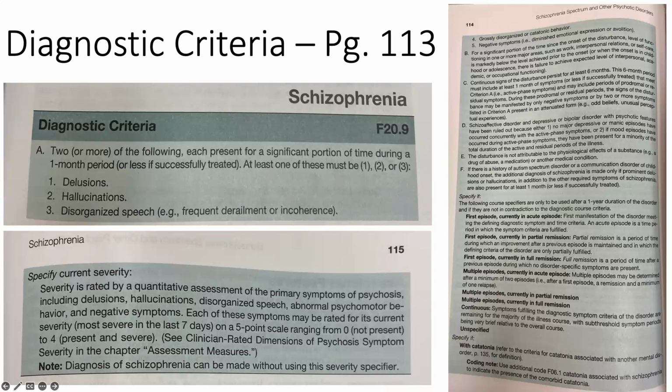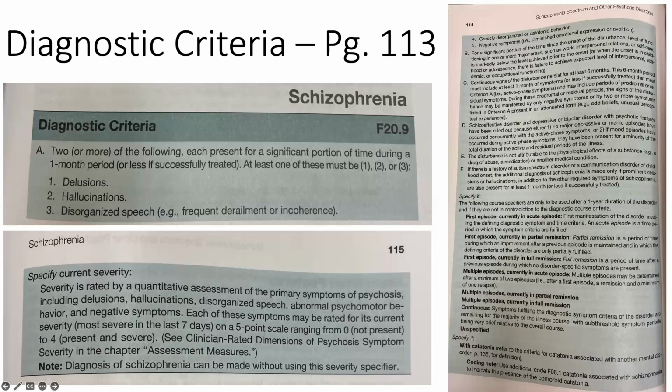To be diagnosed with schizophrenia, at least one of the symptoms must be delusions, hallucinations, or disorganized speech. Disorganized body movements and catatonic behaviors may also be present, but they're not a requirement to be diagnosed with schizophrenia.